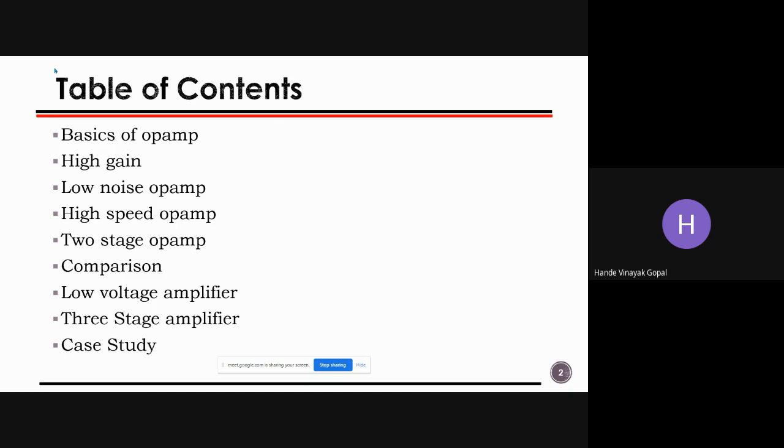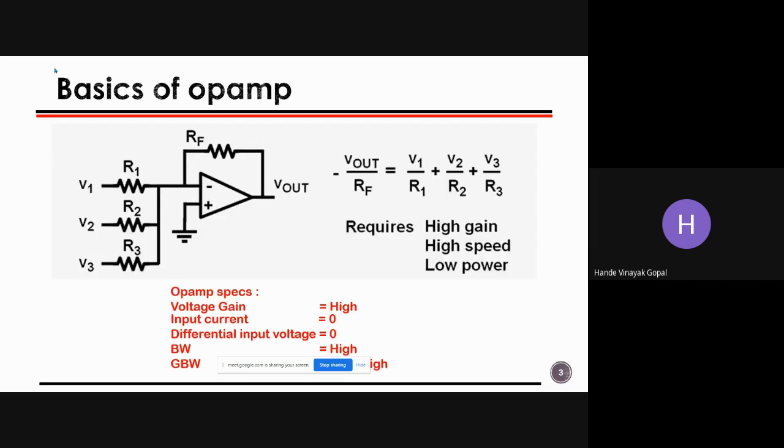How people are solving those issues, we'll see within this heading. After that, we'll go through the three-stage amplifier, and at the end, I'll take the case study where we have designed and published one of the operational amplifiers, and we'll see the details of that, right?